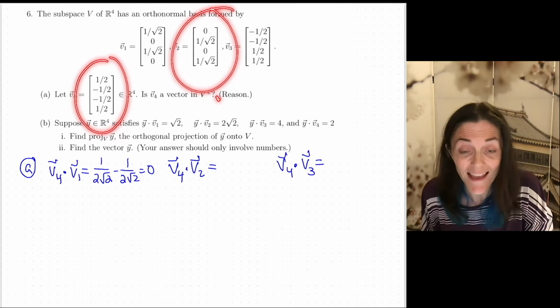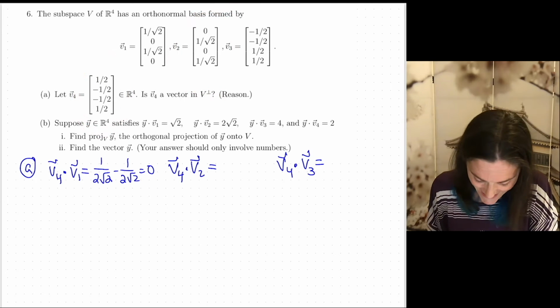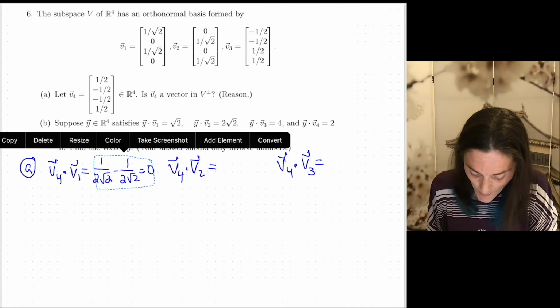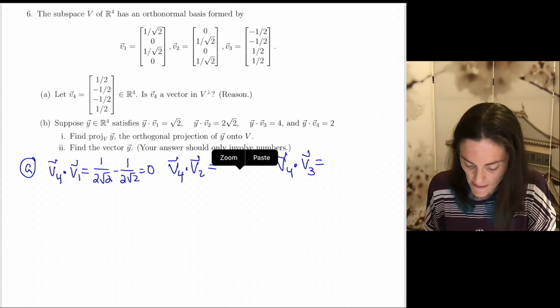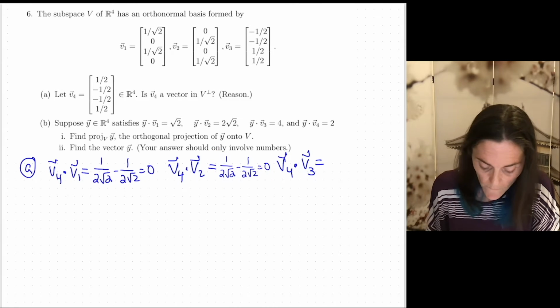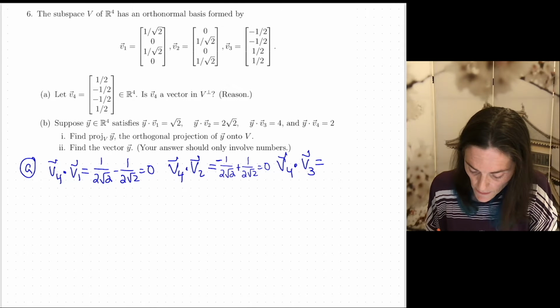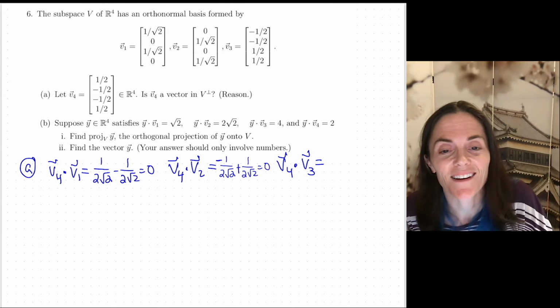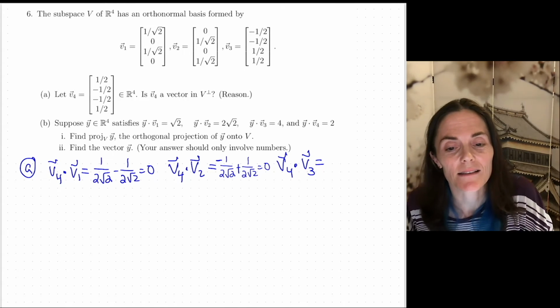And you notice, again, we have the same thing, except the negative sign should be on the first one. So this would be a minus here and a plus here if we go in order. And again, you see 0.